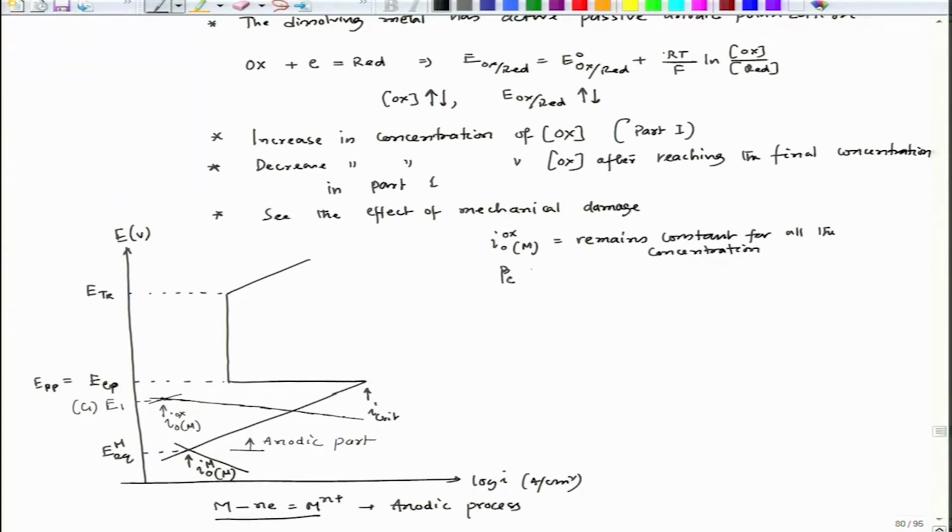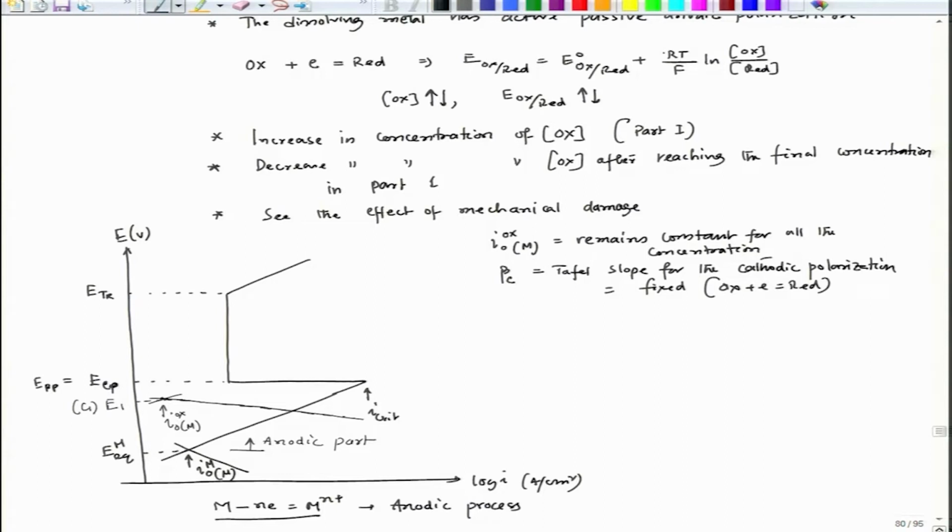Beta C, the activation Tafel slope for the cathodic polarization, is fixed for the ox plus e equal to red reaction.